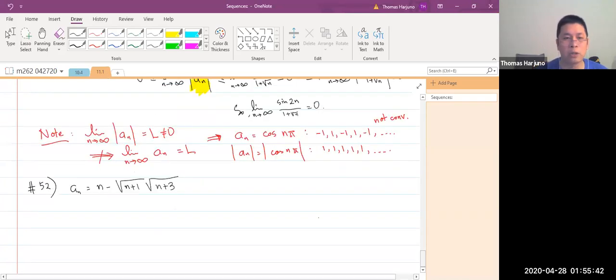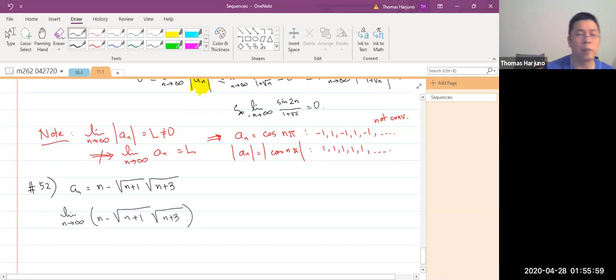I don't even know what the limit is. Let me just write it down first. The limit as n goes to infinity of n minus square root of (n plus 1)(n plus 3). The thing is, if I apply infinity right away, I will get infinity minus infinity. That's not good.